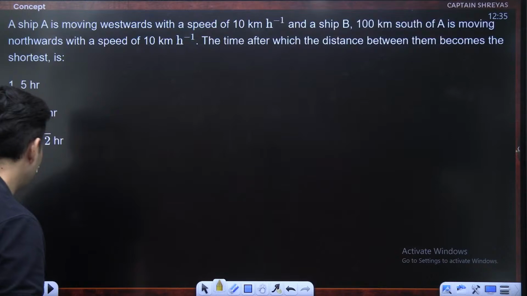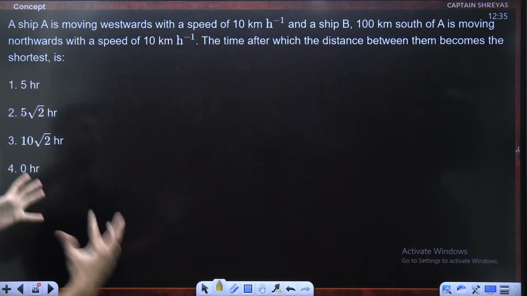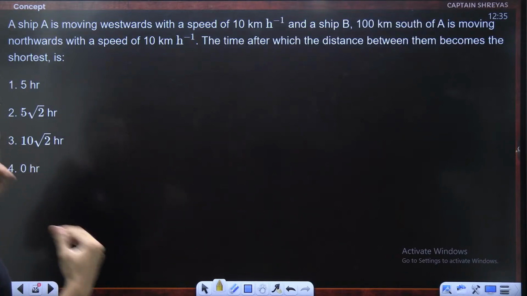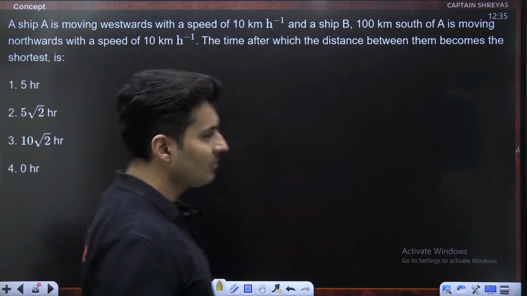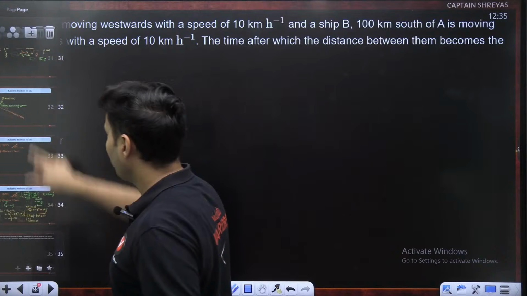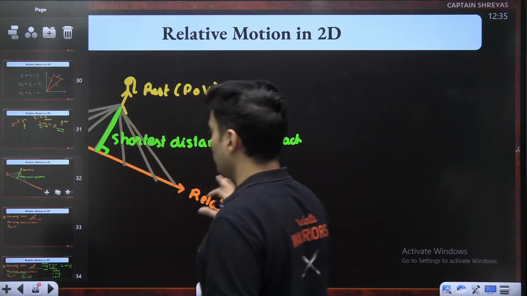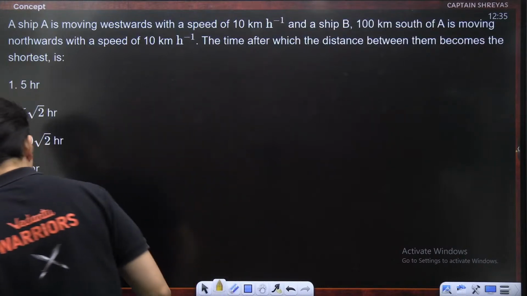Awesome. Let's do a question on ship A moving west, ship B south of A moving north, and the time when their distance becomes the shortest. The same concept which I just explained to you is useful for solving these problems. So let's start by drawing.